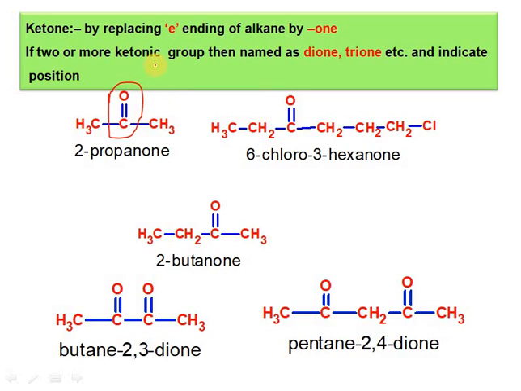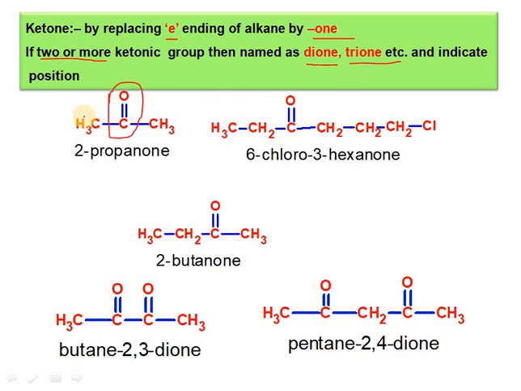In ketones, the IUPAC name is given by replacing the E of the alkane by ONE. If two or more ketone groups are present, then we can give the name as dione, trione, etc.